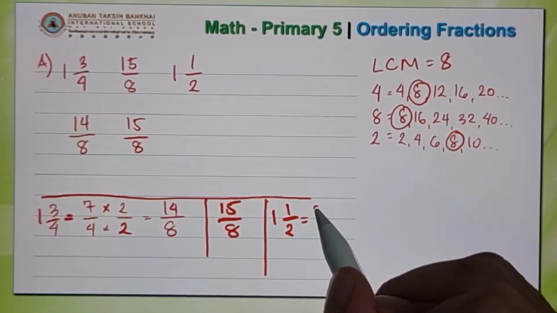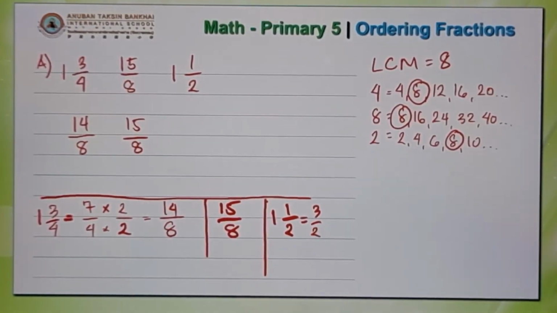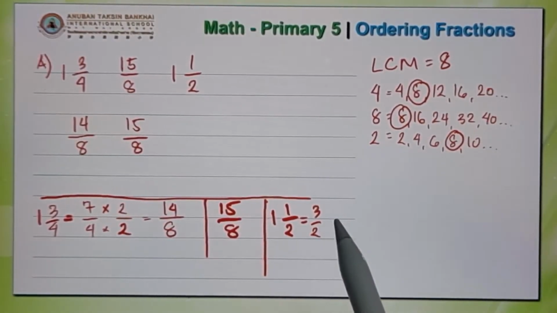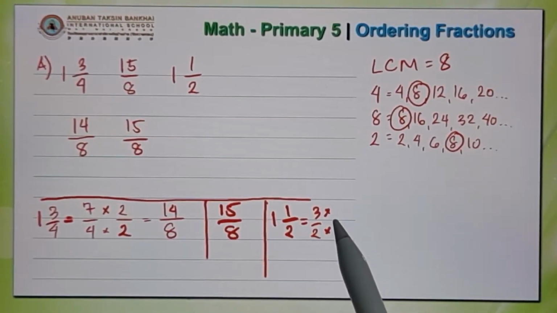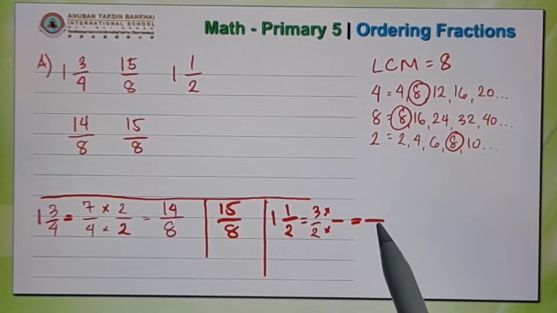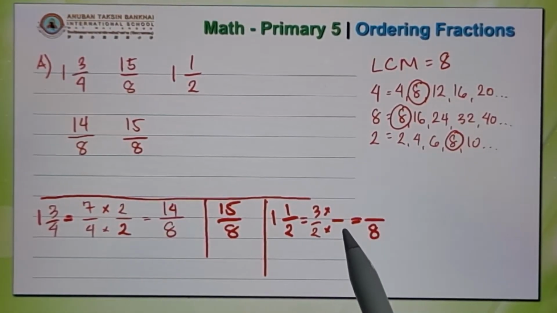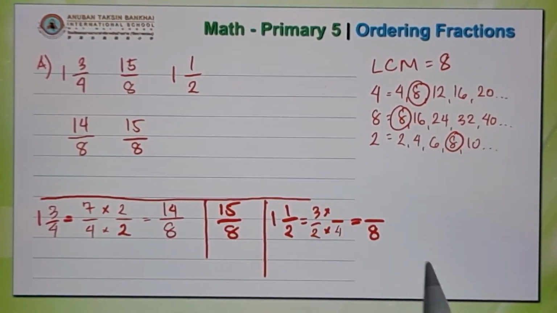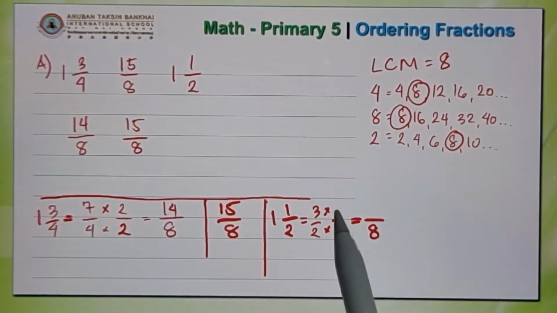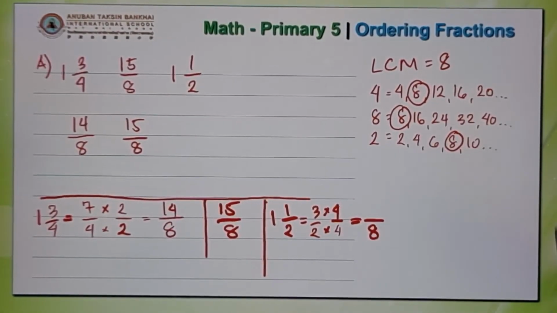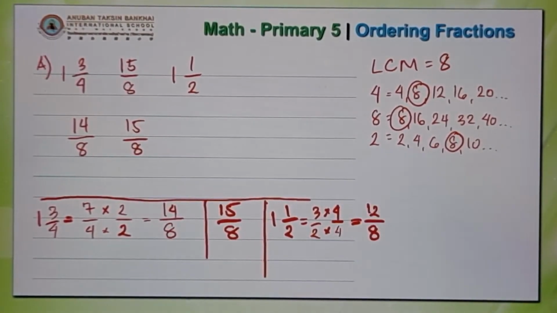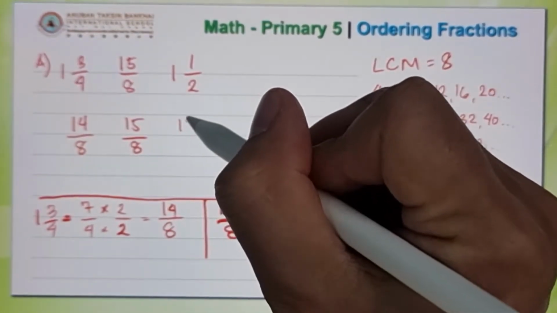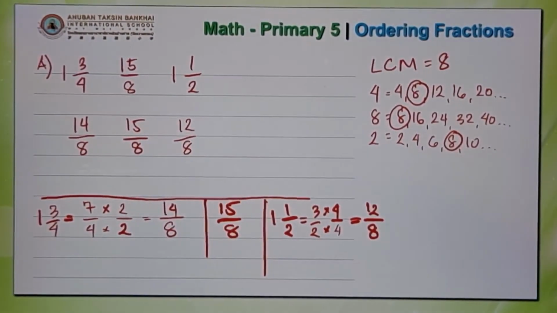So that would be 3 over 2. Now we multiply 2 to make this one 8. So we multiply by what number to make this 8? So 2 times, yes, very good, we have 4. 2 times 4 is equal to 8, so therefore 3 times 4, that is equal to 12. So therefore 1 and 1 over 2, that is equal to 12 over 8.